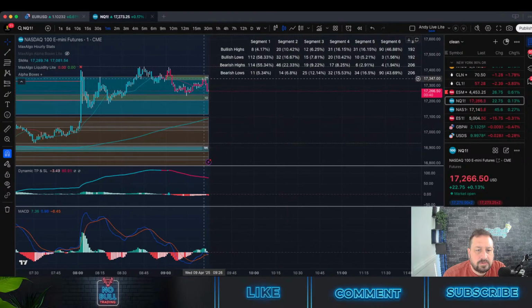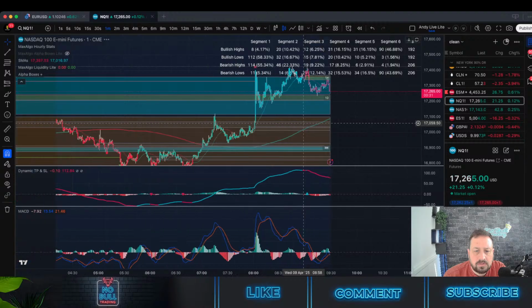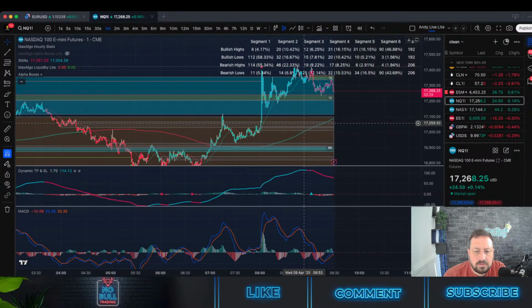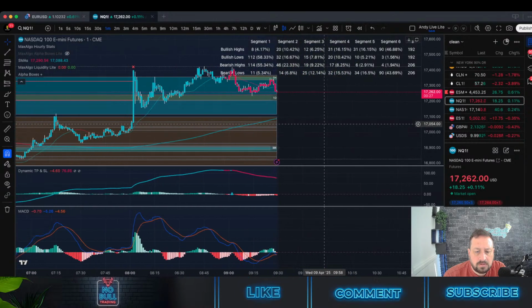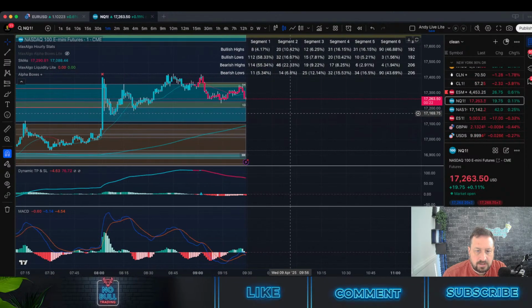NQ. Nice rejection off the hourly. There's the daily. I like NQ. If we can break this daily level, right?